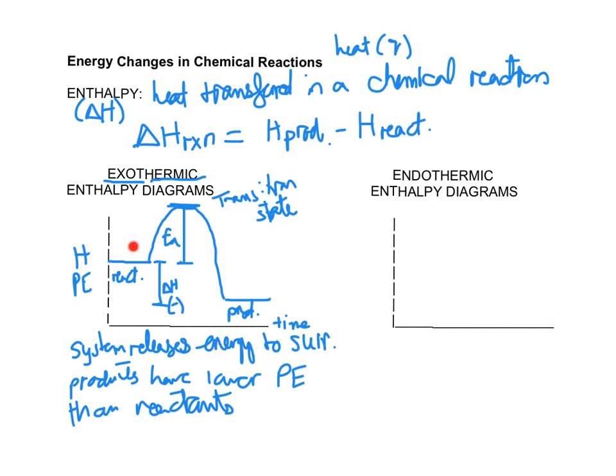My system itself doesn't really change in kinetic energy, it changes more in potential energy. The position of the particles has rearranged, so my potential energy is different. But because it releases the energy, the surroundings get hotter, and so everything gets hotter. So that's one way to know that it's an exothermic reaction: if it feels warm.